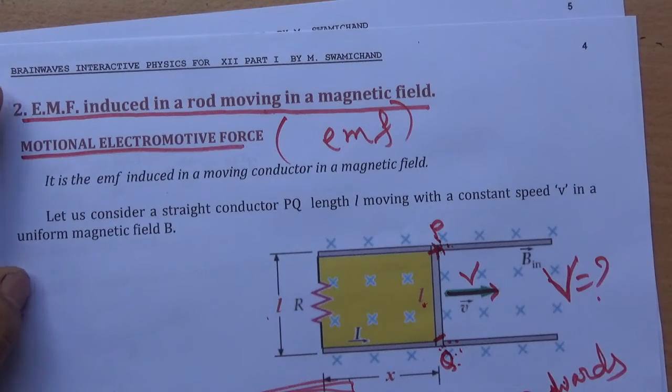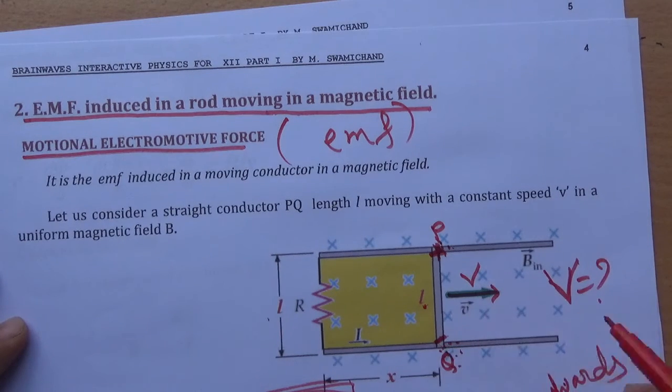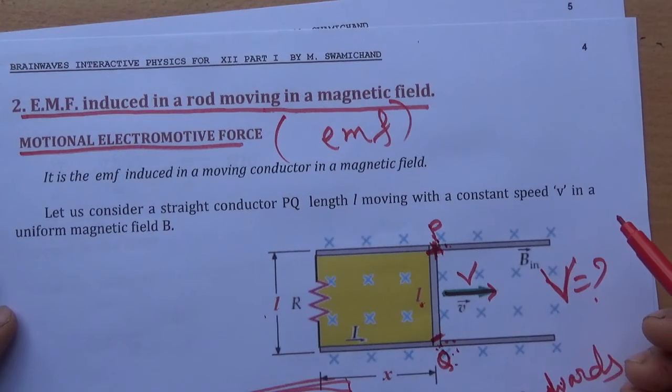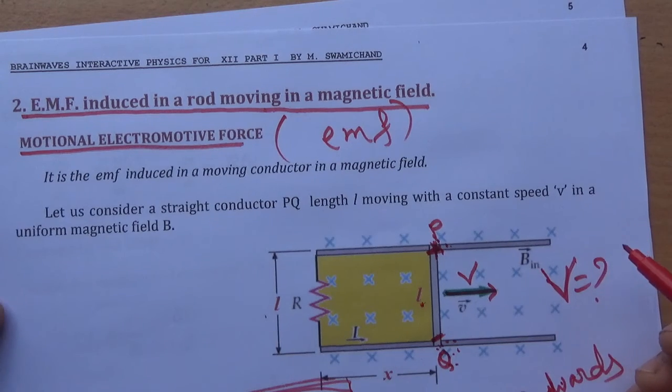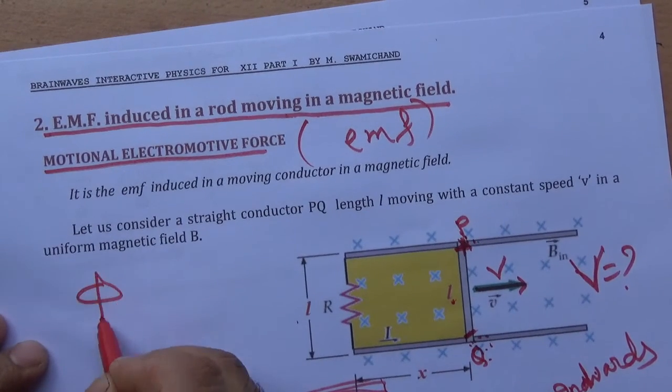To find the potential difference between P and Q, we will use Faraday's law. Faraday's law involves flux, the magnetic flux.